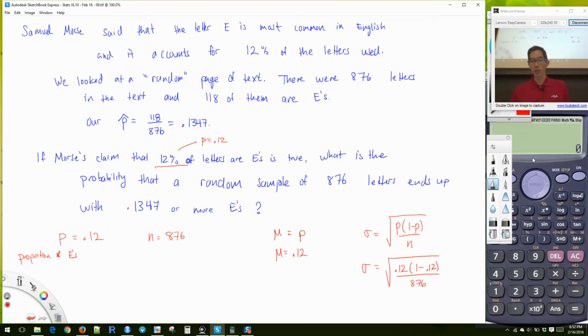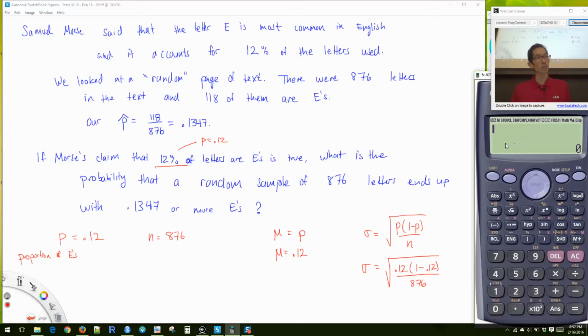On the calculator, we can do this in one step. You might want to break this up, so maybe you did 1 minus 0.12 is 0.88. So you can do 0.12 times 0.88 divided by 876, and we get 0.0001205 something. We still have to take the square root.